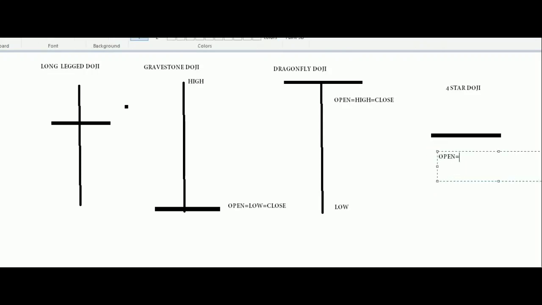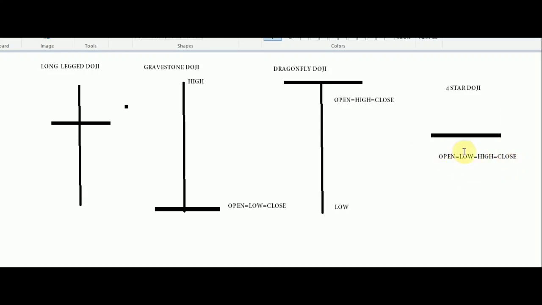So open is equal to low is equal to high is equal to close. Whenever there is any circuit in any stock or any index, then you will see this 4-star doji where open is equal to low is equal to high is equal to close. It can be on the upside, it can be on the downside.